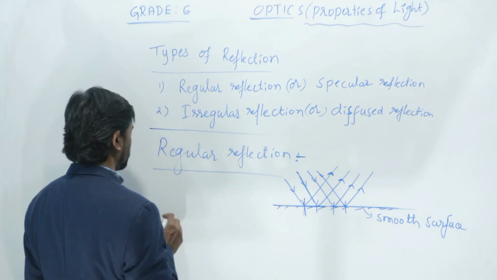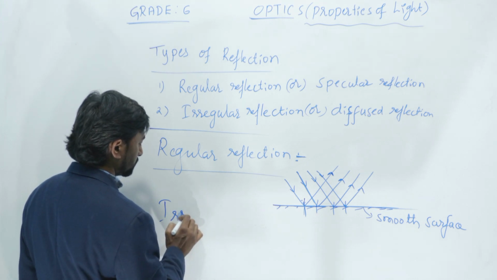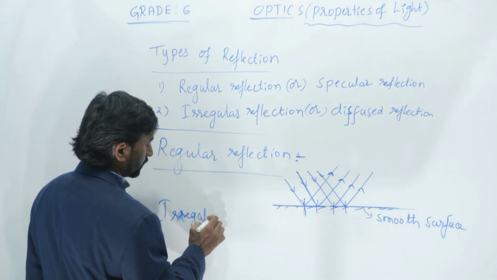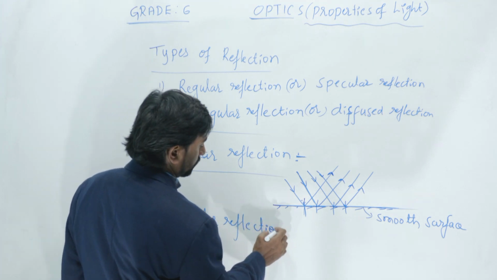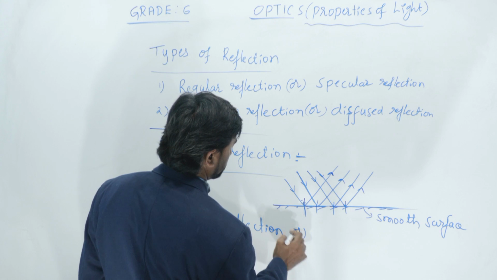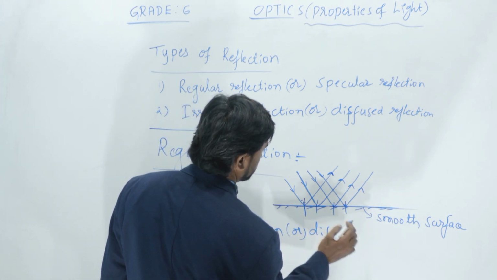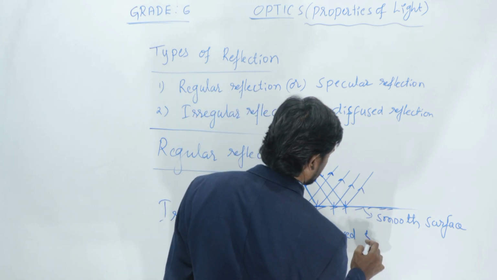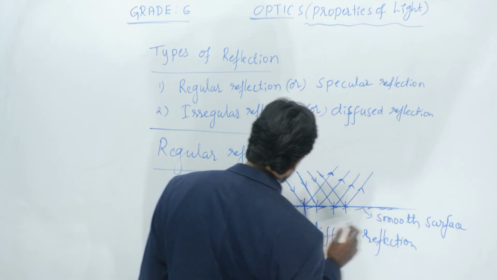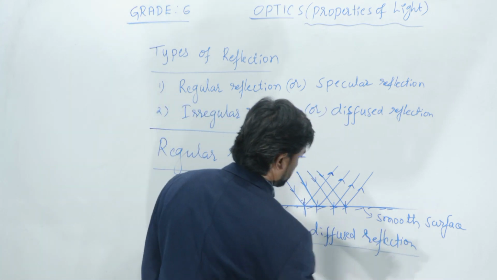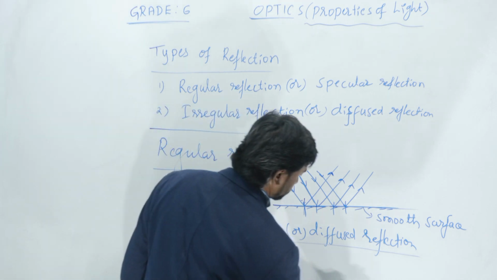Now the second one, irregular reflection or diffuse reflection. Mostly this takes place on rough surfaces. On a rough surface there are irregularities over the surface.